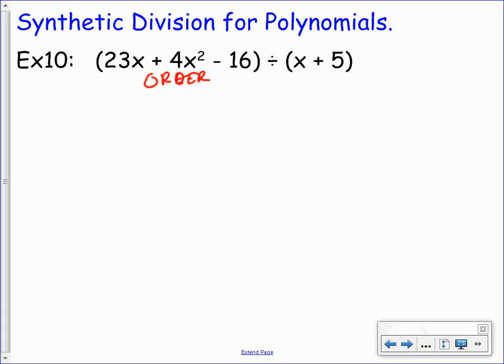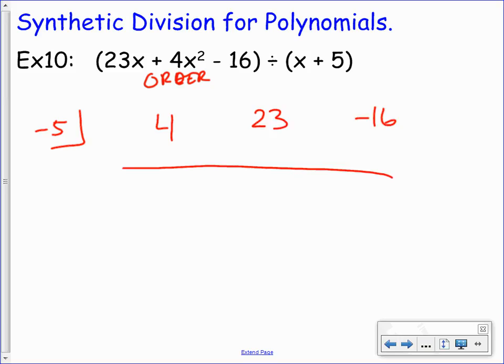Okay, here we go. Are we missing anything? No, we're good. So negative 5. First thing is 4, 23, and negative 16. Drop the 4. Negative 5 times 4 is negative 20. Add it.